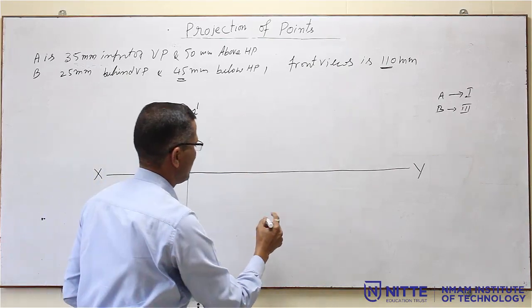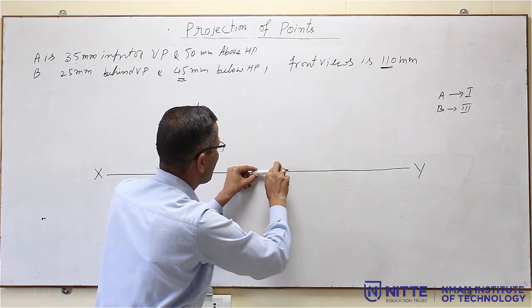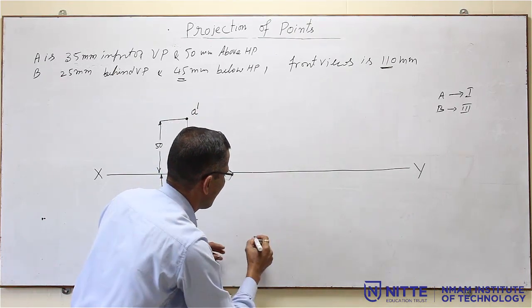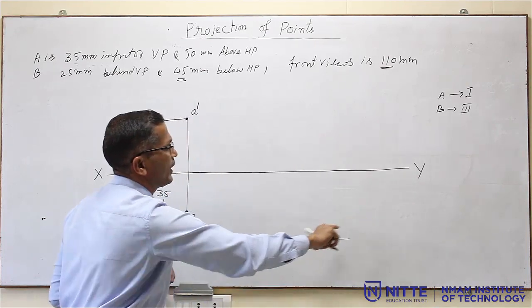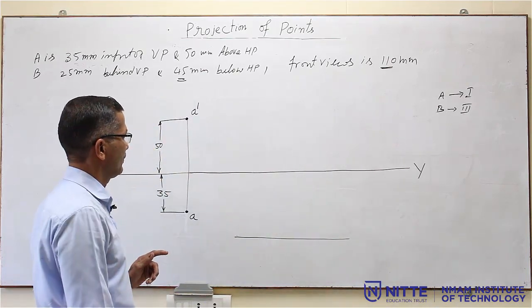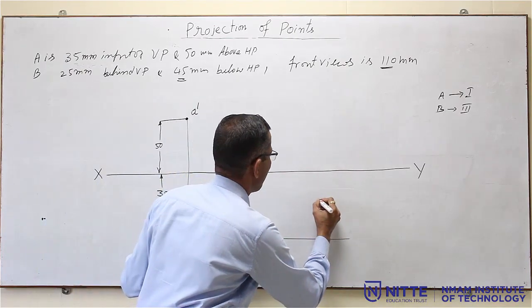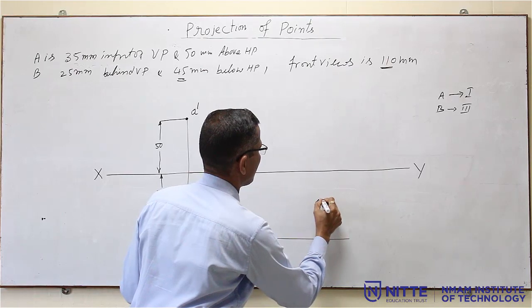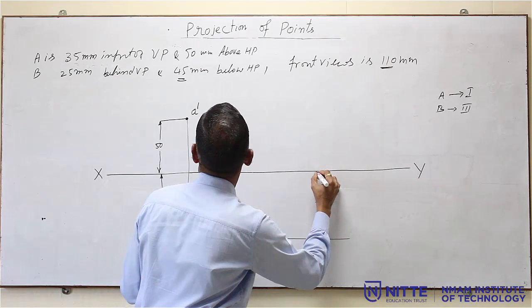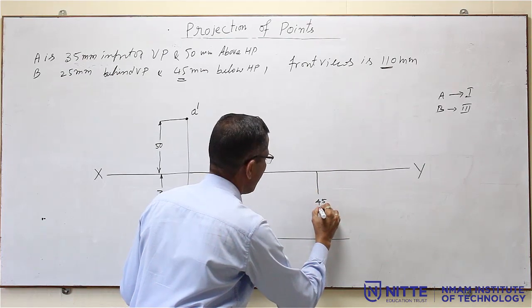That means from this XY line you measure a distance of 45 mm and drop a light 2H pencil line. This distance is 45 because this is 45 mm below HP.